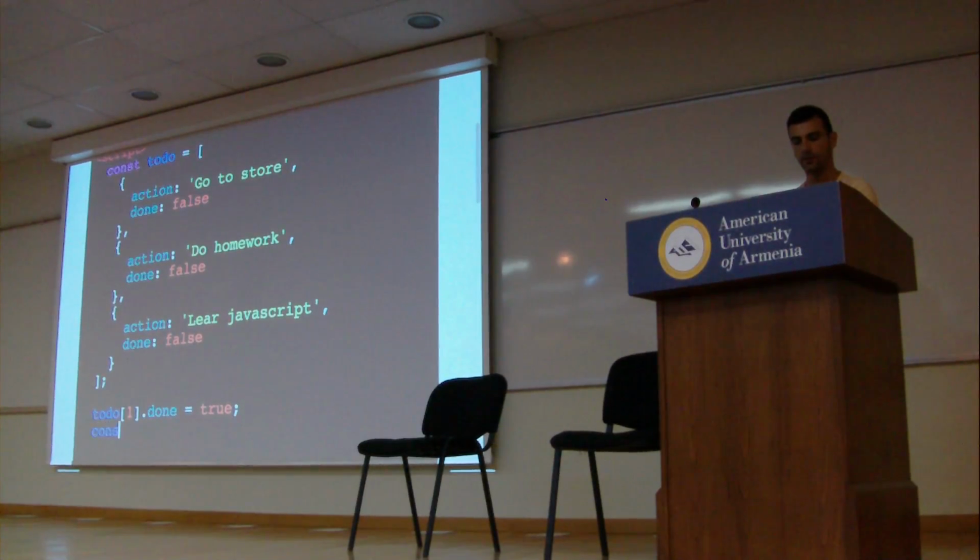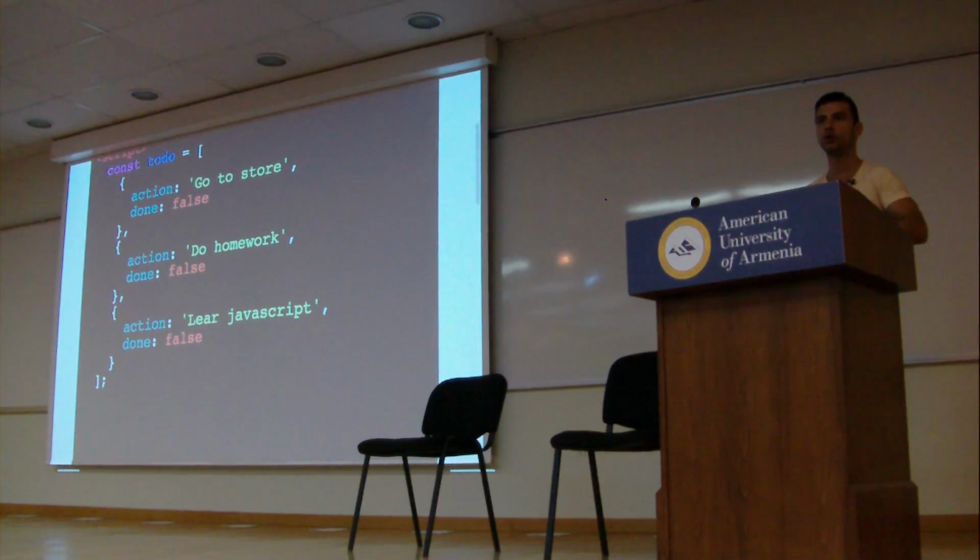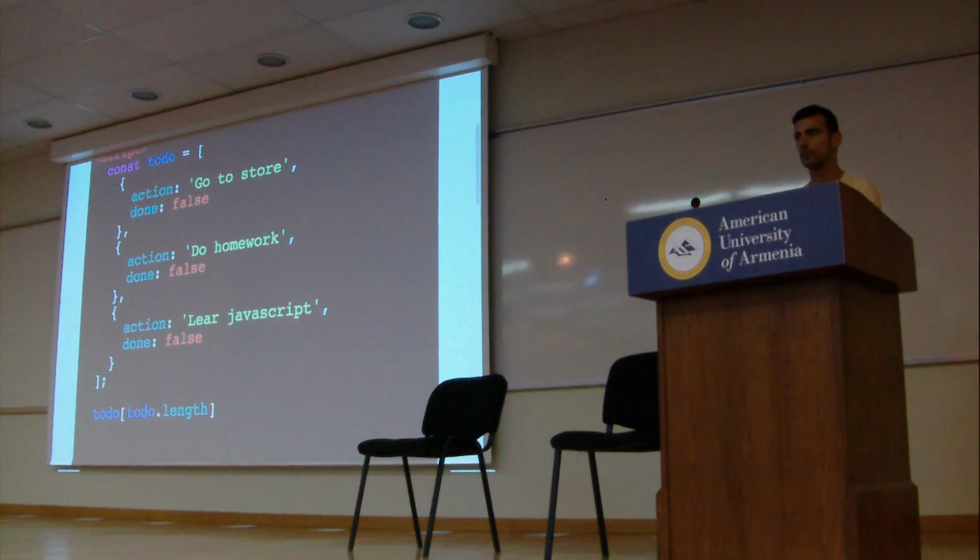So what happened? Console.log todo. Oh, how do I add a to-do item to my list? I want to add a to-do item to my list. Makes sense?